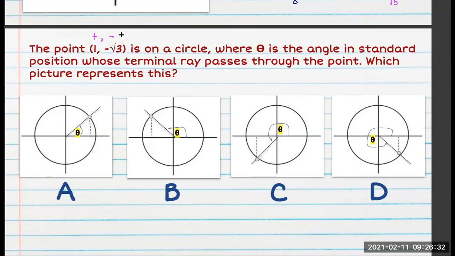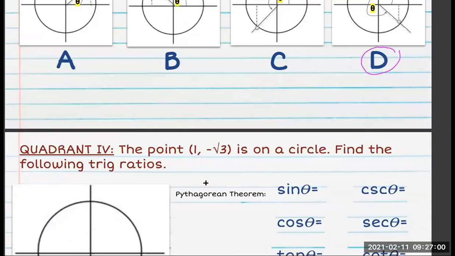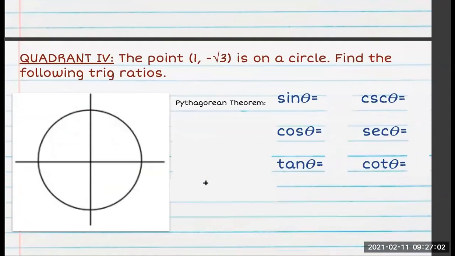So in which quadrant do you have a positive x and a negative y? In quadrant 4, right? So it's letter D. Your theta would be in quadrant 4 because your x is positive and your y is negative. So if the quadrant is not given, it gives you the sign of the x and the y, so you'd know what quadrant, all right? So why don't you go on ahead and do this one?